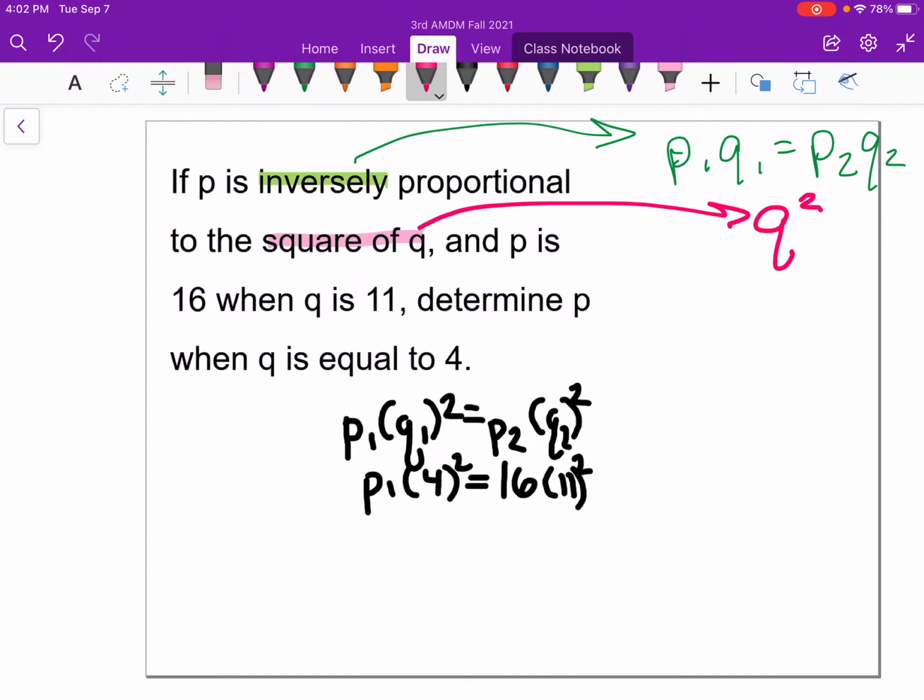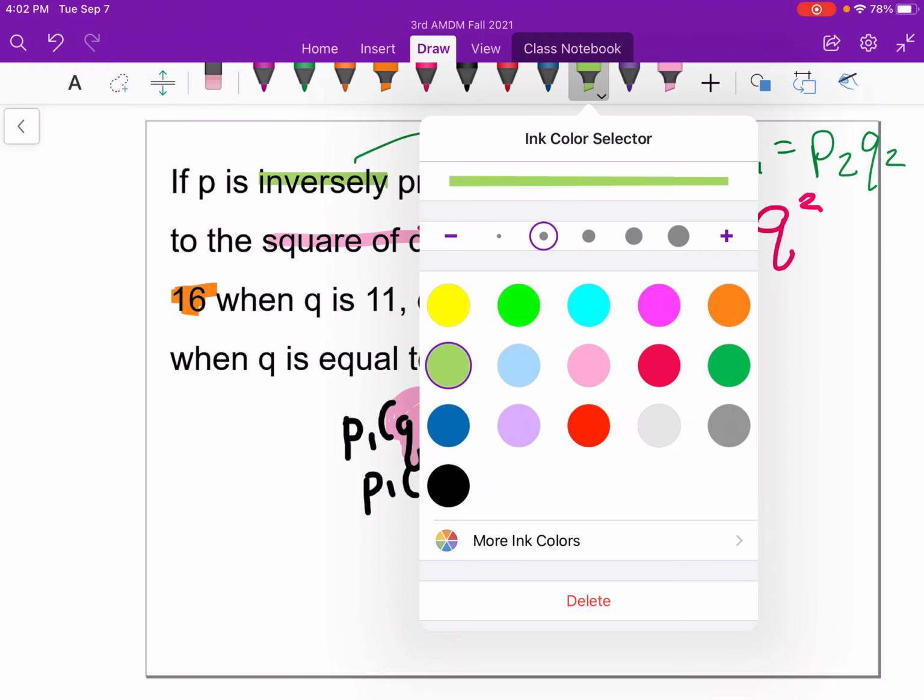So I have this equation, p1 q1 equals p2 q2, and it says they're proportional to the square of q. So that means I've done this down here: p1 squared, q2 squared. Then it says p is 16, so I replaced p2 with 16, when q is 11.